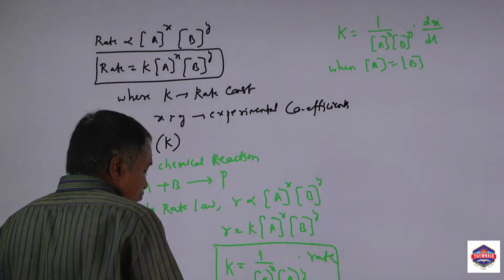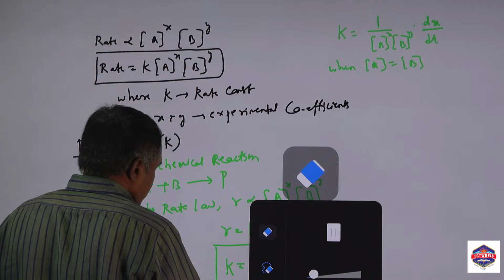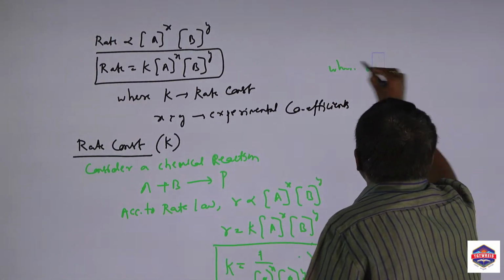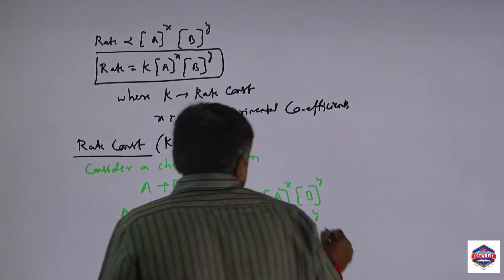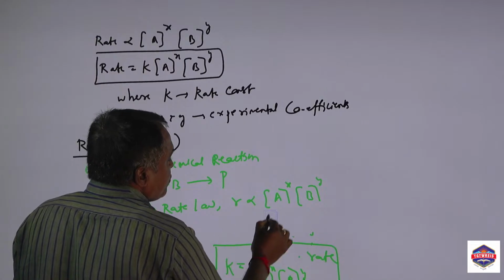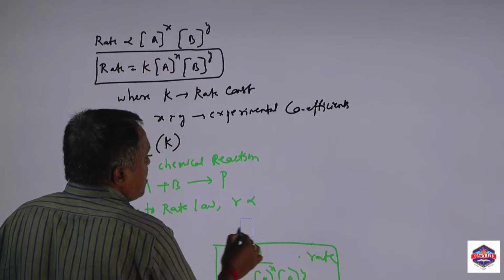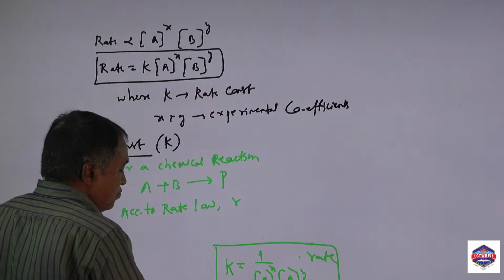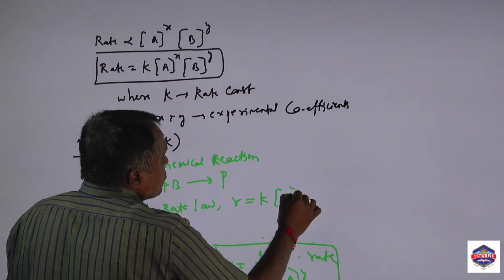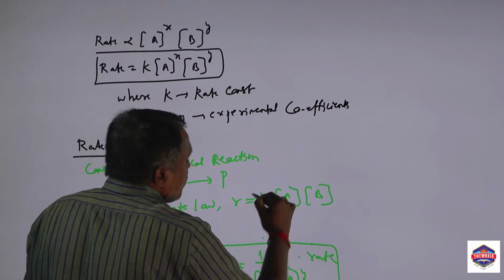Suppose you take x and y as the same. So rate is equal to k into [A] into [B].